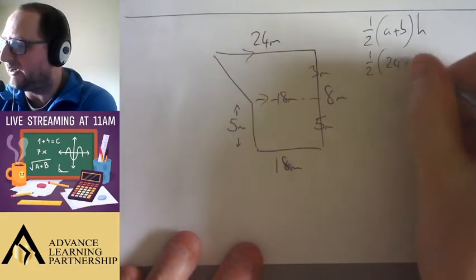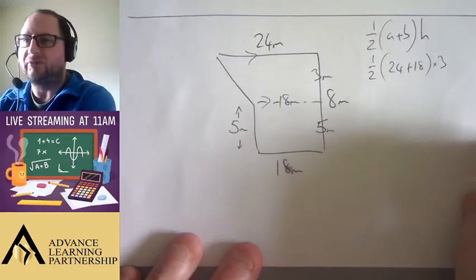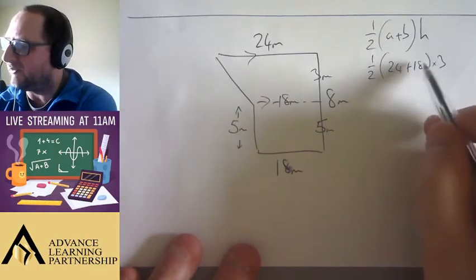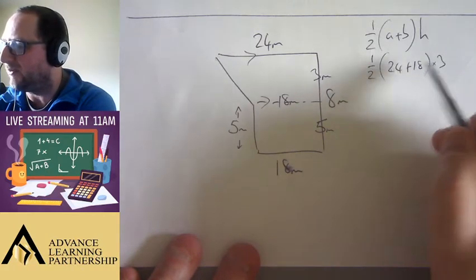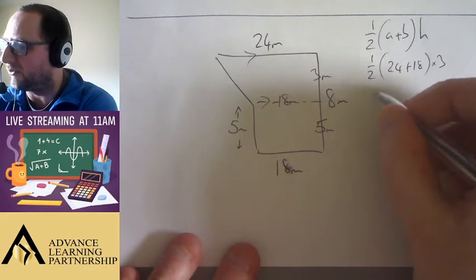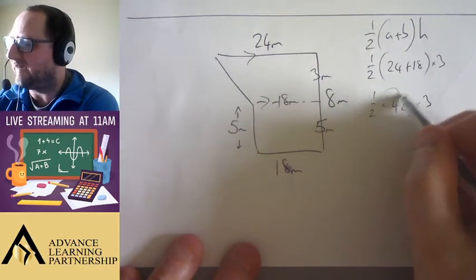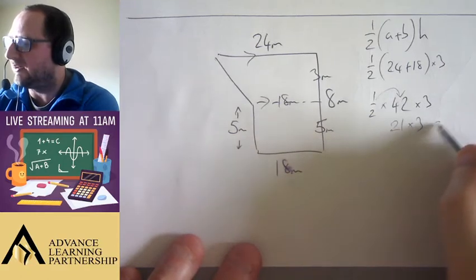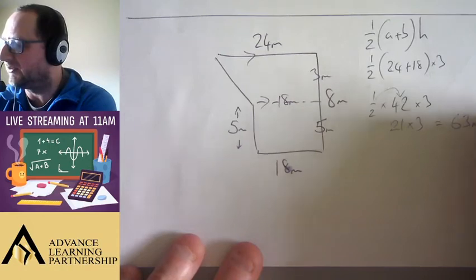So 24 and 18, and the perpendicular is 3, the height between them is 3. 24 plus 18, well, if I add on the 10 I get 34, and then if I add on the 8 I get 42. So it's a half of 42 times 3, a half of 42 is 21, and 21 times 3 is 63 meters squared.